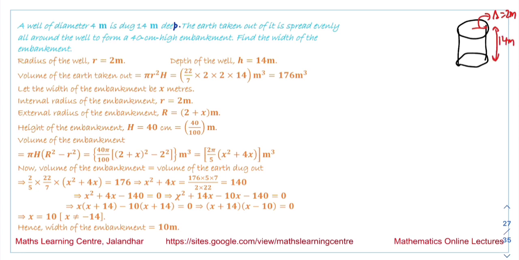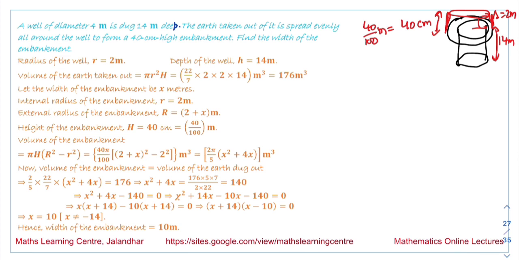The earth taken out of it is spread evenly around the well to form a 40 centimeter high embankment. The earth taken out of this well is spread around this well, and the height of this embankment is 40 centimeter, that is equal to 40 by 100 meter. Find the width of the embankment.